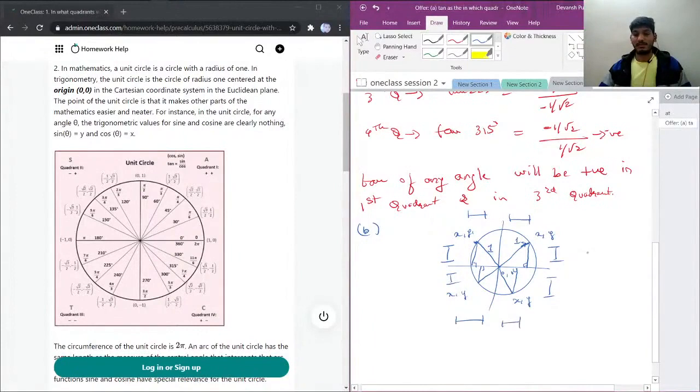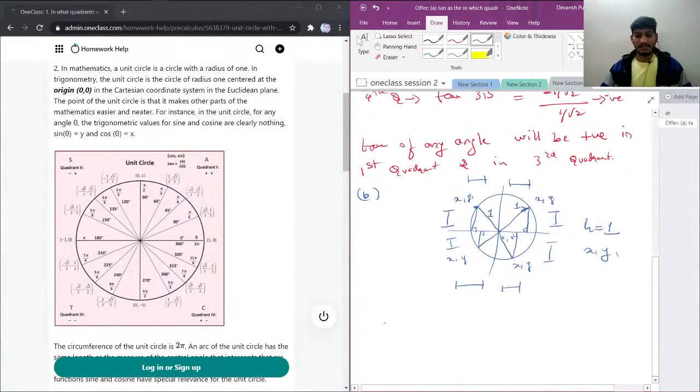Eventually we get a right angle triangle whose hypotenuse is always 1 unit, whose x and y coordinates we know, and therefore we can calculate the trigonometric ratios of any angle, because this unit circle covers the whole 360 degrees.